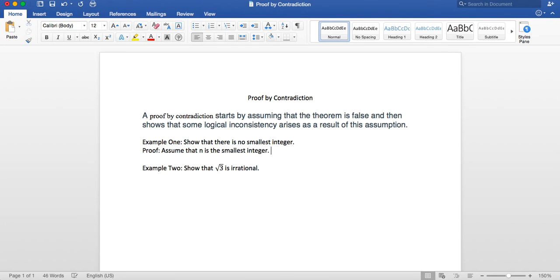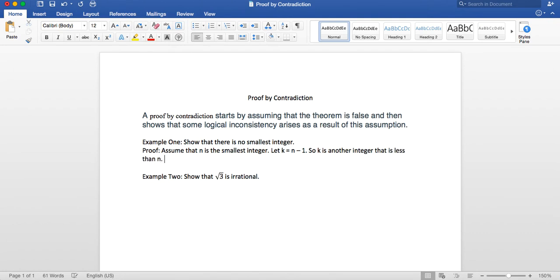Then let k equal n minus 1. Now we know if n is an integer, n minus 1, an integer minus an integer, is still an integer, right? So k is another integer that is less than n.